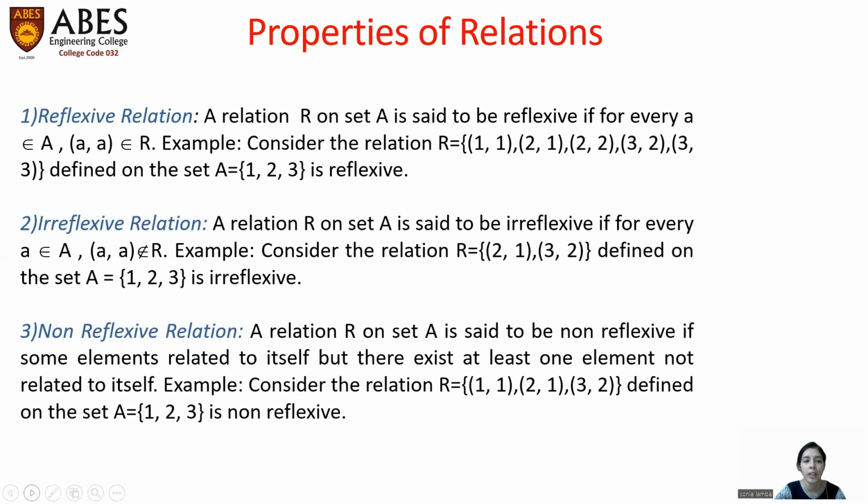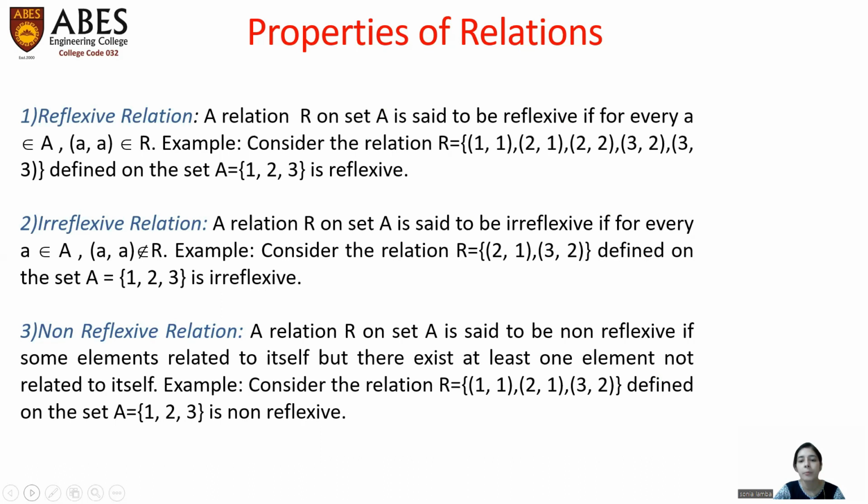The next type of property of a relation is irreflexive. A relation R, which is defined on the set A, is said to be irreflexive if for every element a which belongs to the set A, (a, a) does not belong to R. If for every element the ordered pair (a, a) does not belong to R, then we can say that the relation is irreflexive.